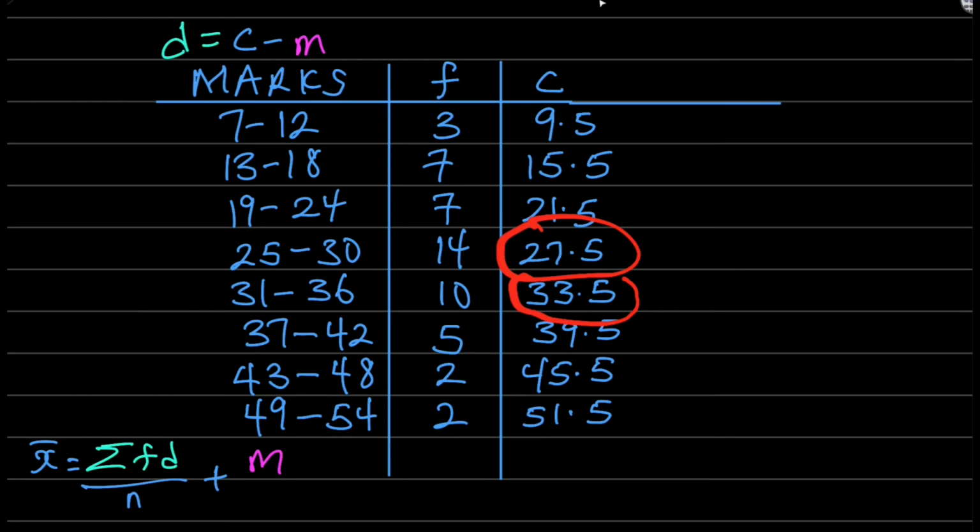So for my assumed mean, I can just write that up here for reference sake: my assumed mean is 27.5. That is the number I'm picking. Yours should be 33.5.